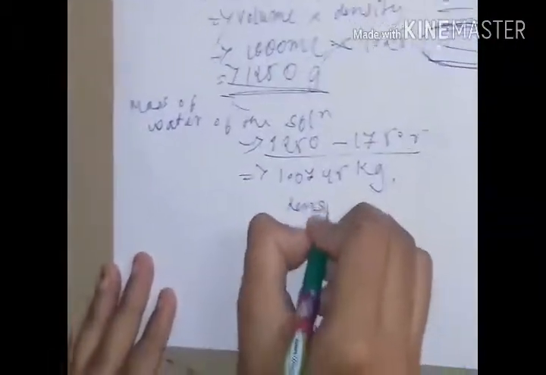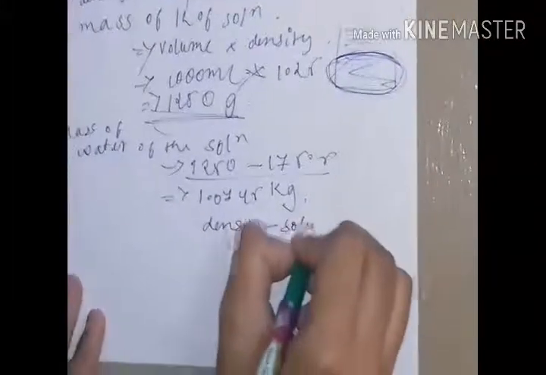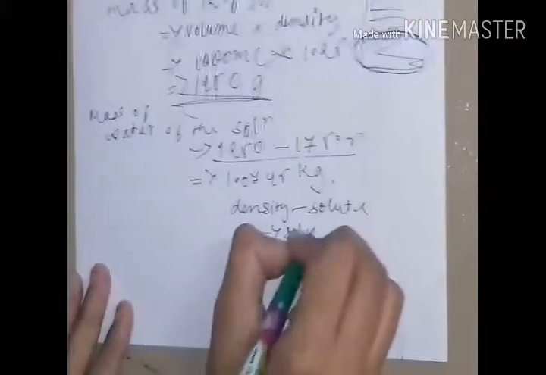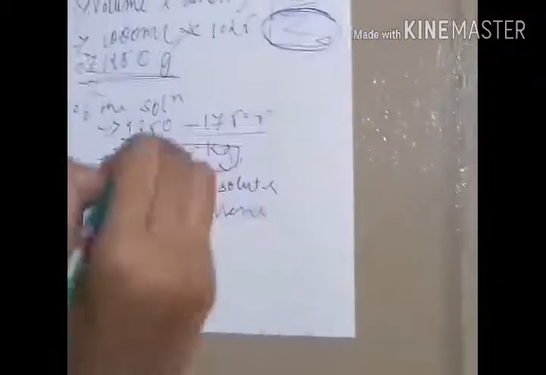We are not finding solution. I told you before that molarity is different, and here molality is different. So to find the solvent, we are subtracting solute from the solution density. We are subtracting to get solvent. Okay, so we got this answer.